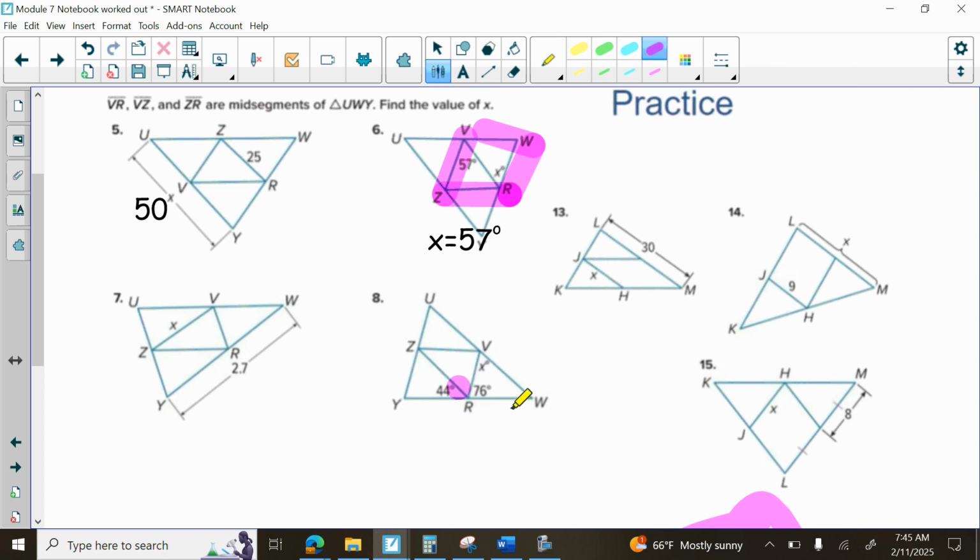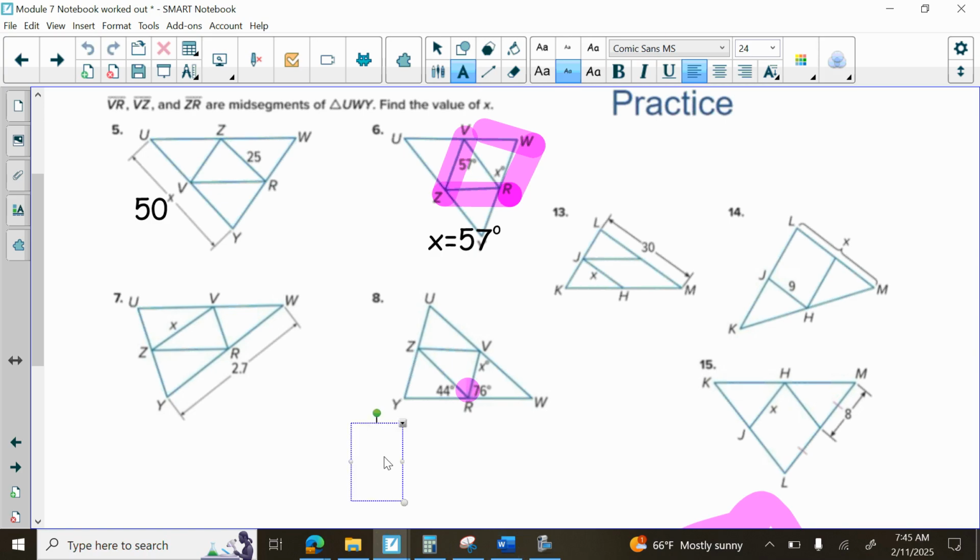Can anyone figure out what this missing angle is here, in between 44 and 76? Anyone can tell me how we could figure that out?